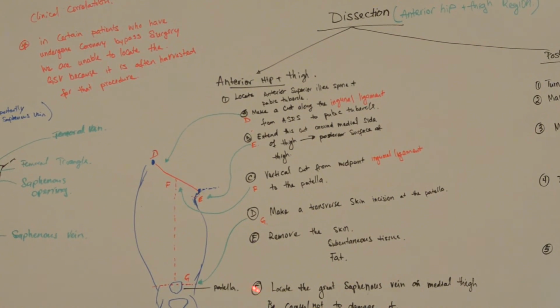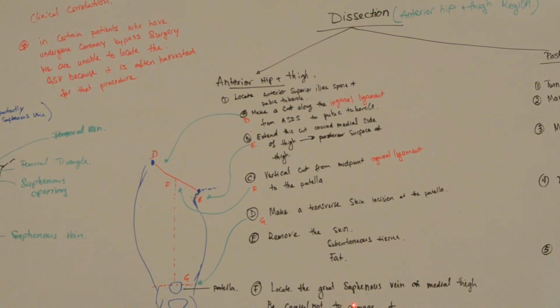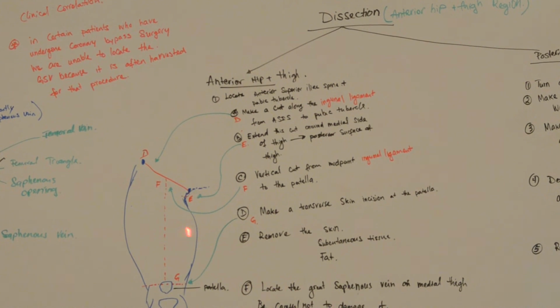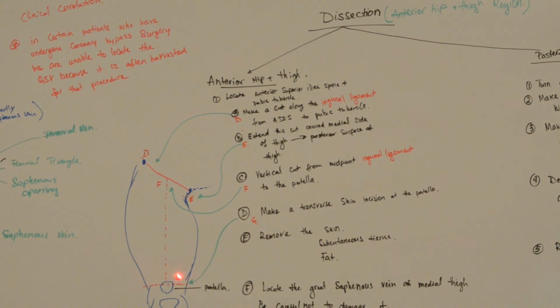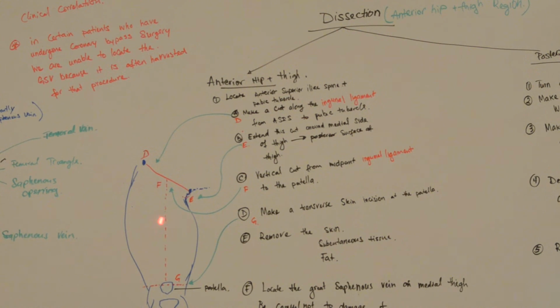And we want to locate the great saphenous vein on the medial side along this area right here of the thigh. And we want to be very careful not to damage it. Be very careful with removing those superficial tissues and subcutaneous tissues. Watch out for those veins.